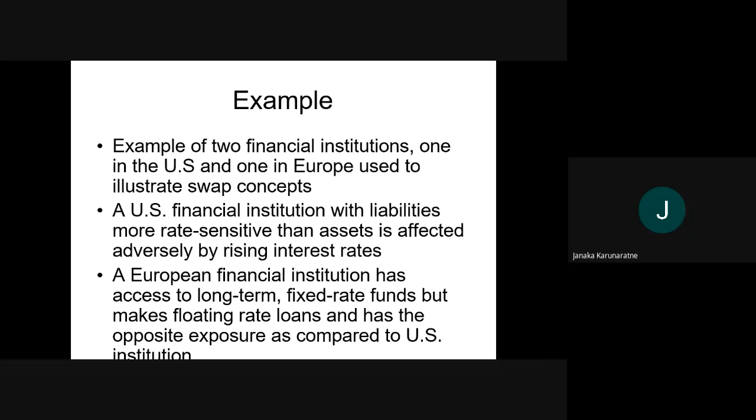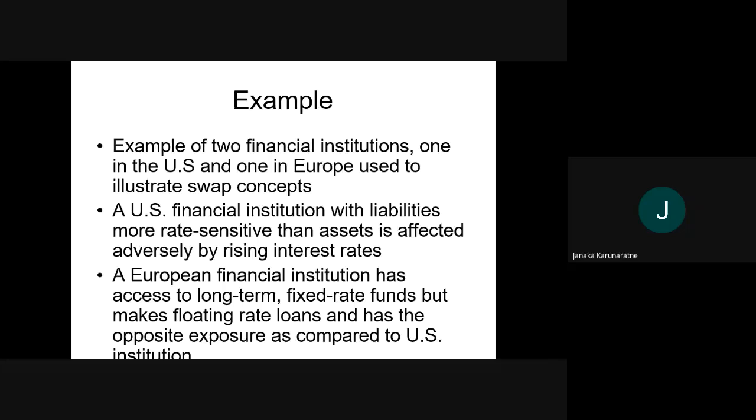In the recent past, the government also sometimes enters into swaps. Remember, recently they talked about a swap agreement with the Reserve Bank of India. Similarly, that is a currency swap rather than an interest rate swap.